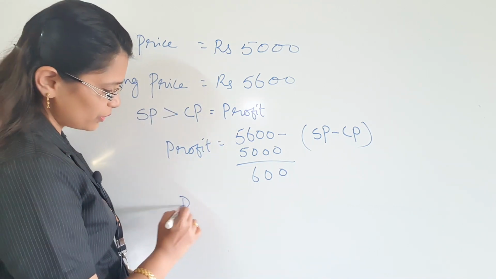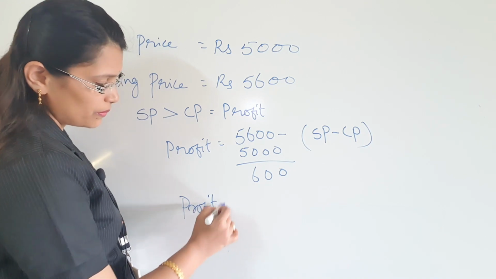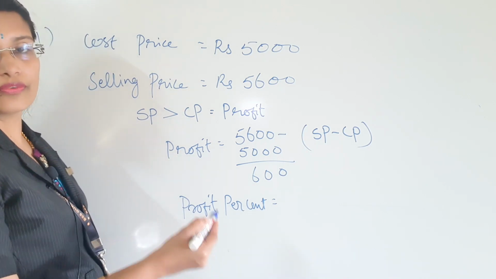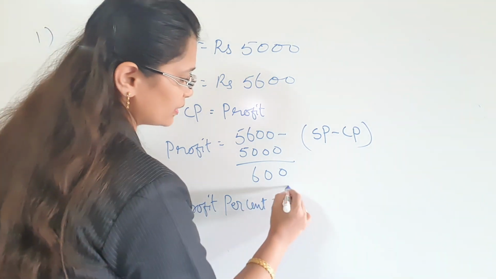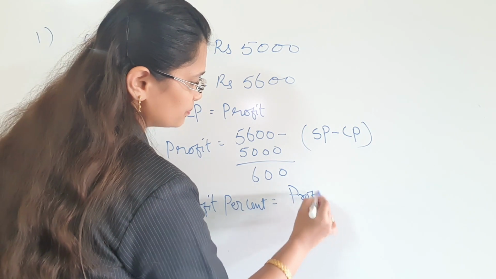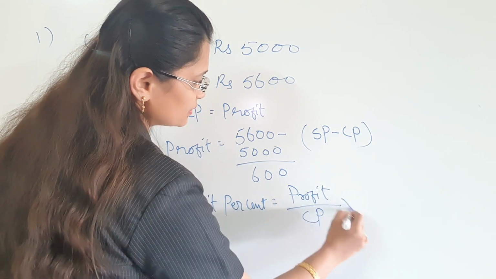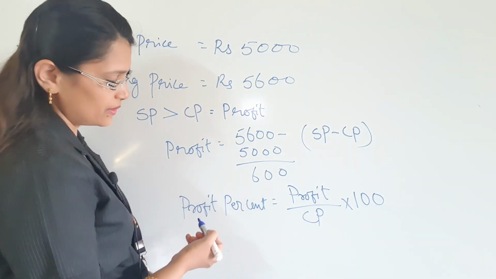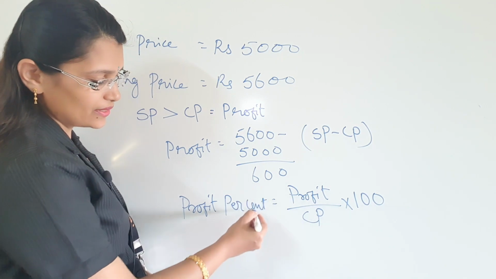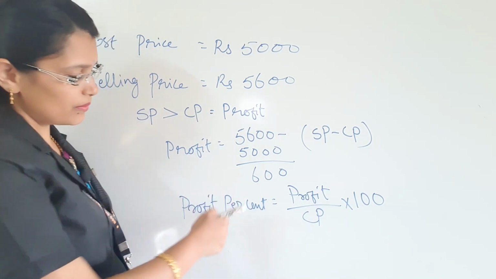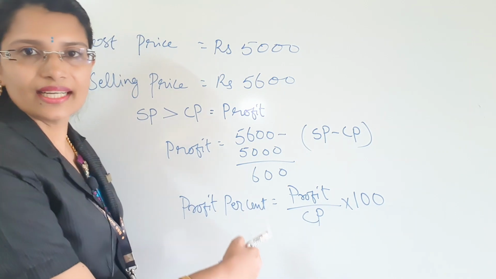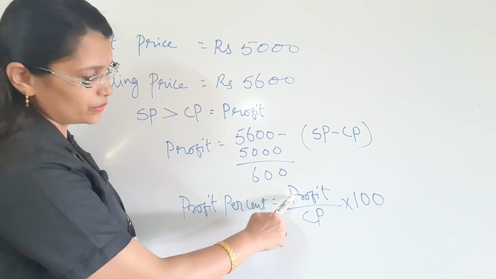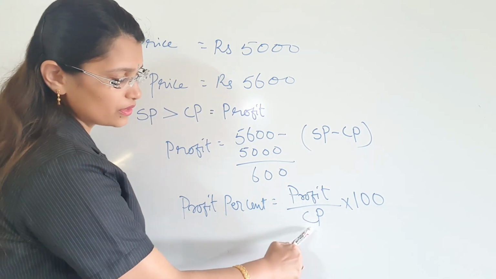Now how to find out profit percent? Profit percent is equal to profit upon cost price into 100. Children, what is percent? Per means that division line, cent means 100. Percent is for every 100. Okay, so profit percent is equal to profit upon CP into 100.